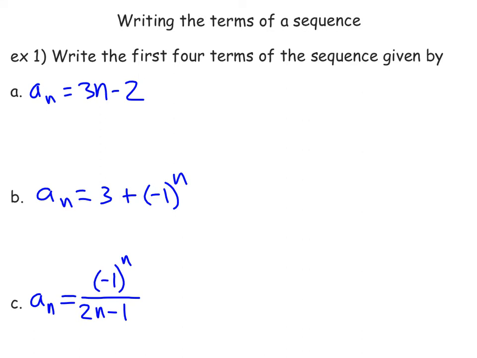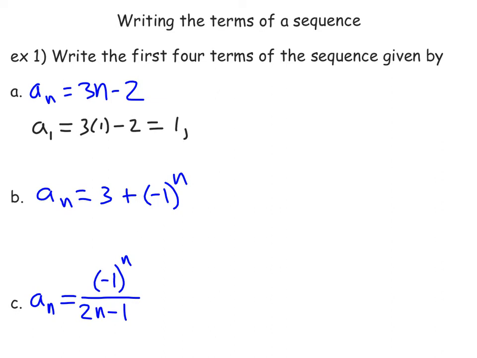All right, so here's a few examples of what we're talking about. I'm just going to find the first 4 terms of these. If I'm looking for the first term of a sequence, I put in 1 for n. When I do that, you can see that I get 1.